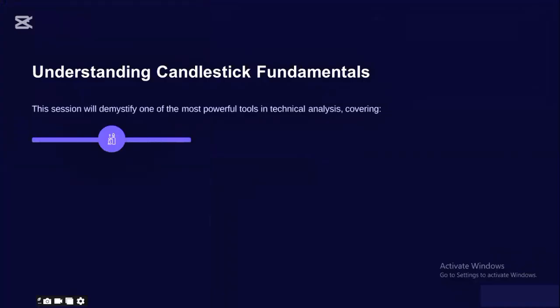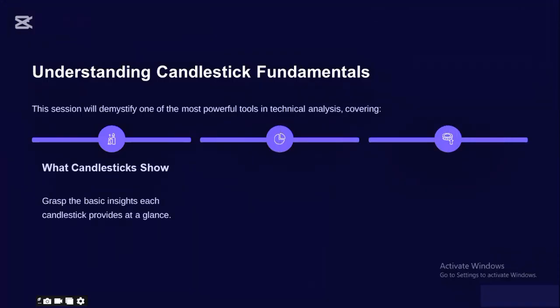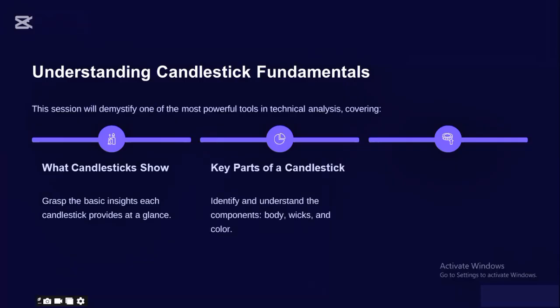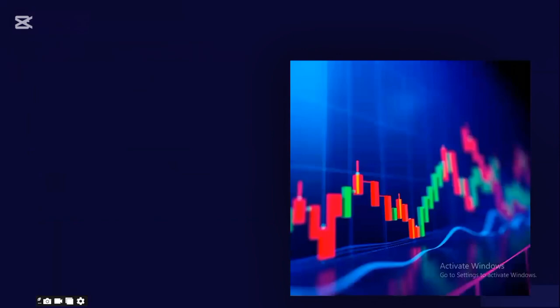We will be breaking down one of the most powerful tools in technical analysis. Number one, what the candlesticks show or represent. Then the key parts of the candlesticks, that is, identify and understand the components: the body, the wick, and the color. Then market psychology. Basically, you're talking about candlestick anatomy. Do you understand?